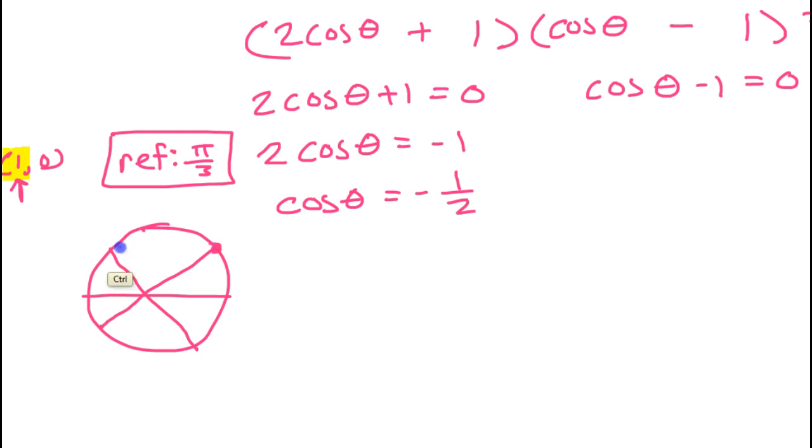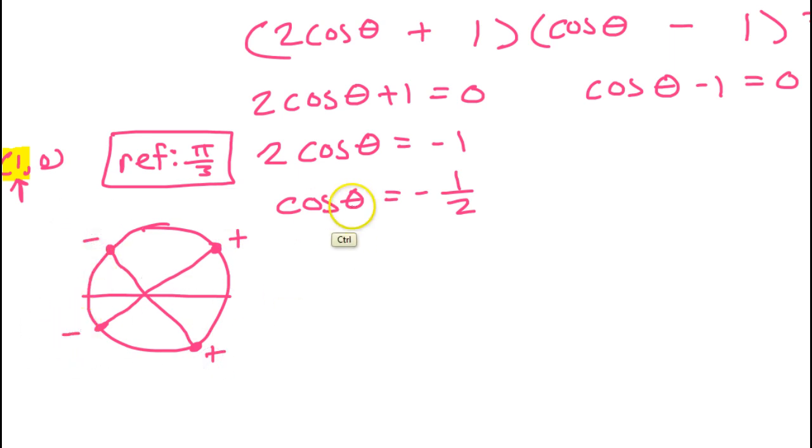So these are the 4 angles that have a reference angle of pi over 3. Cosine is an x value on the unit circle. So for that reason, cosine will be positive in these 2 quadrants and negative in these 2 quadrants.